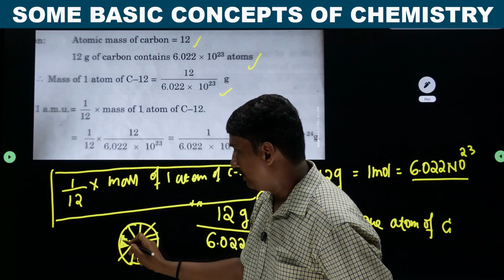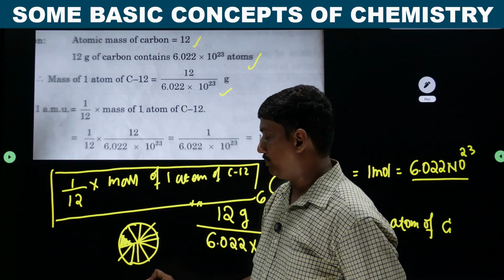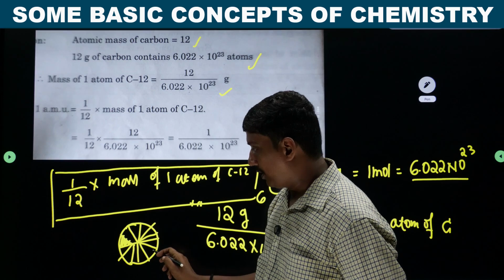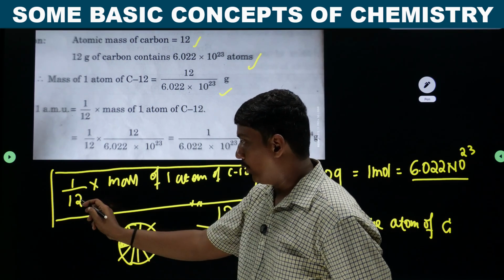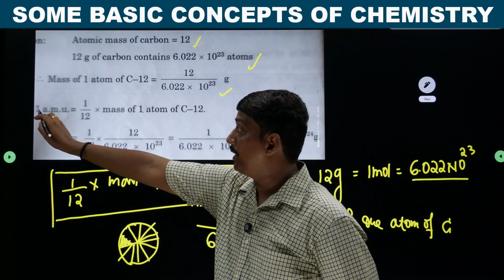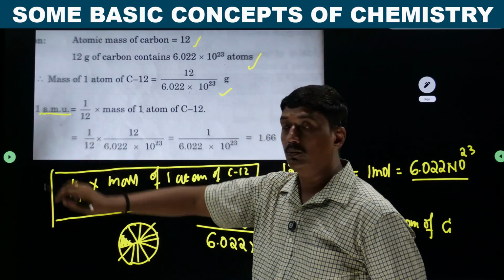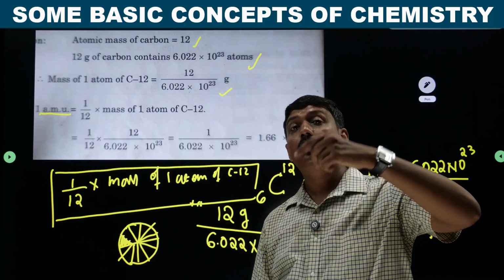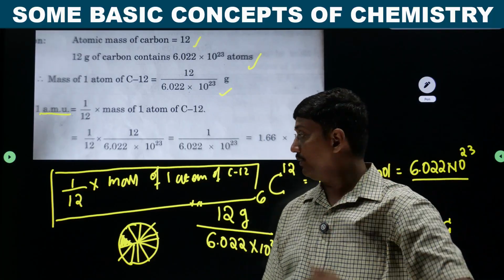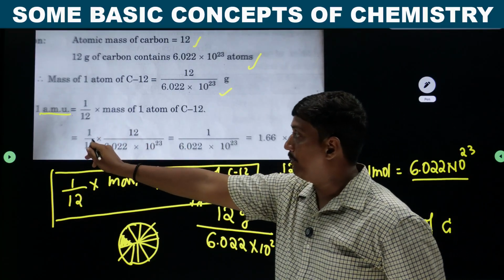The total parts are 12. Out of 12, you are calculating one part, hence it is said to be 1 AMU. Then you are comparing with others.